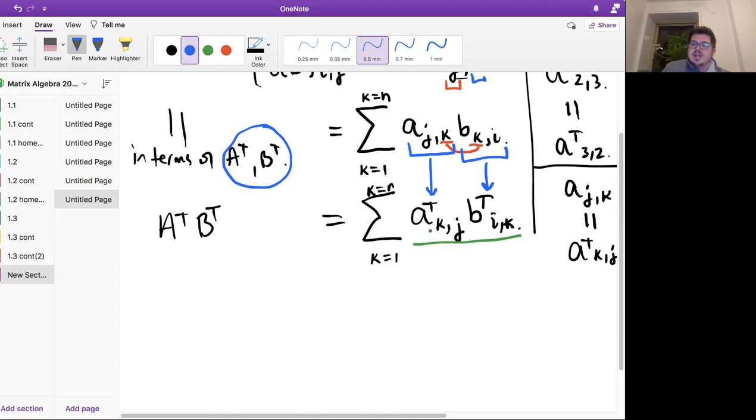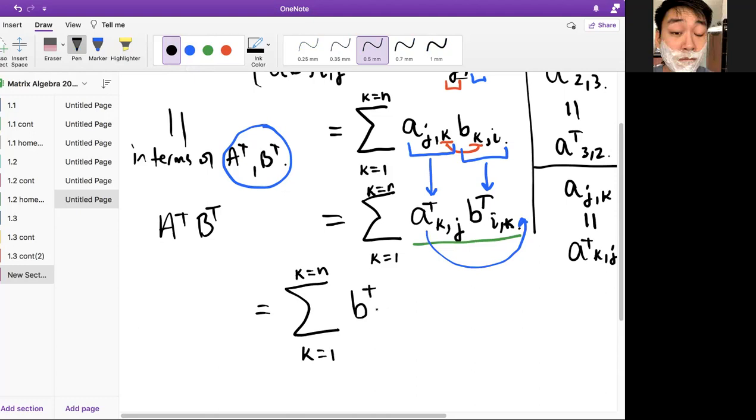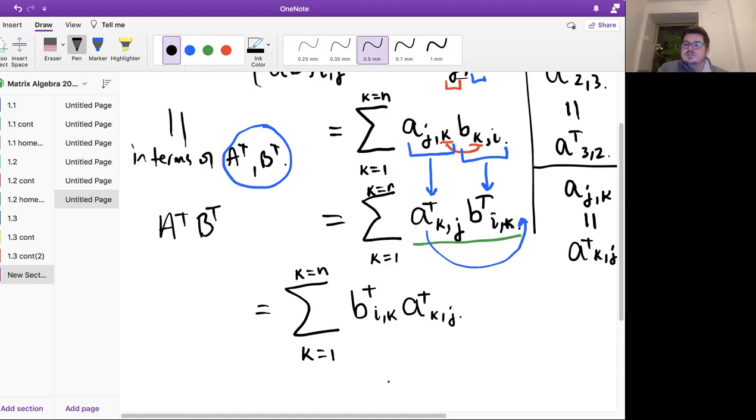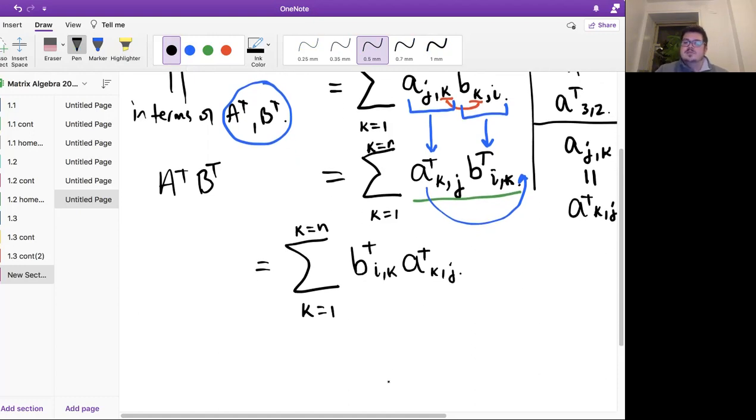What happens if I put A on the other side? I can do that, right? Those are just numbers, like 2 times 3. Now I'm just writing it as 3 times 2. Everyone get that step there?